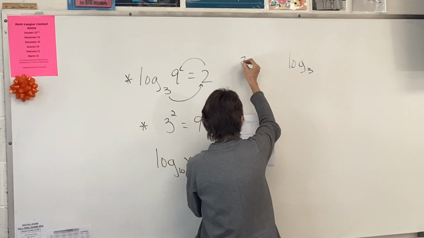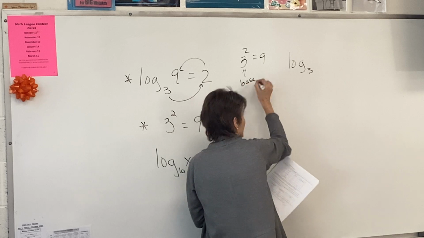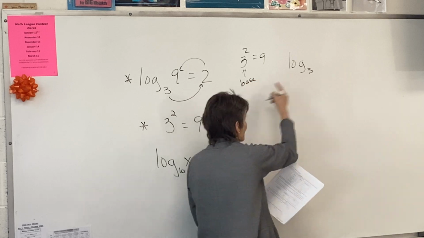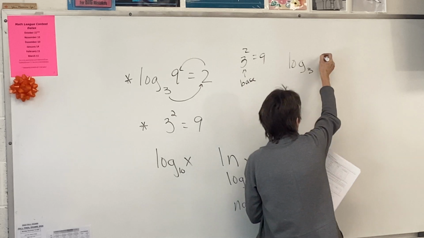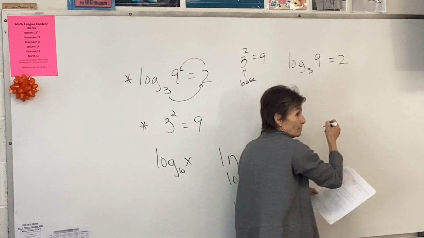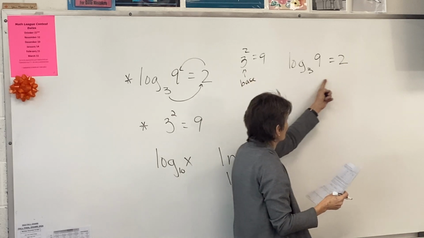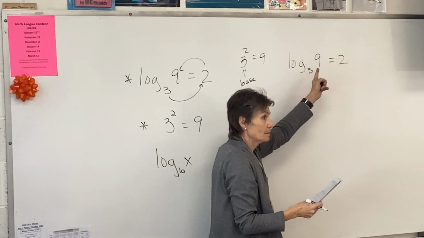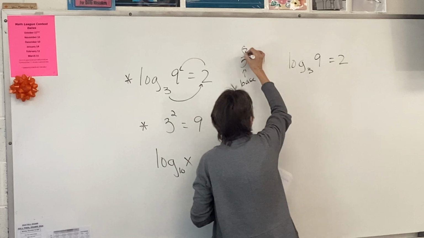When we say 3 to the 2nd is 9, isn't 3 the base of the exponent? Isn't that our base number? That stays the base of the logarithm too. So log base 3 of 9 equals 2, because 3 squared is 9. The value of the logarithm is the exponent.